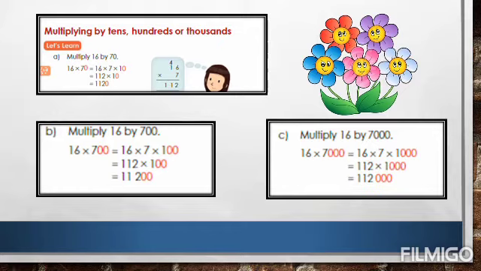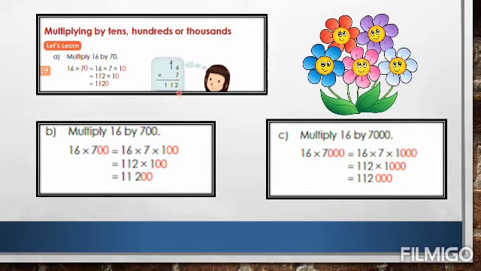As you see here, 16 and 70, just multiply 16 by 7, but do not include the zero. If we multiply 16 using this method, 6 times 7 equals 42. Carry 4, bring down 4.